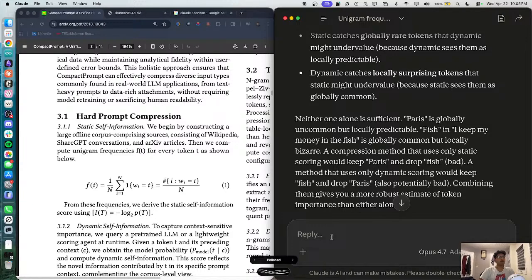But I am well versed in static self-information, so talk about that in your summary. And also, on top of that, talk about the foundations which were built today, which was understanding how hard prompt compression actually reflects or uses the work of Claude Shannon and what he has done in information theory.